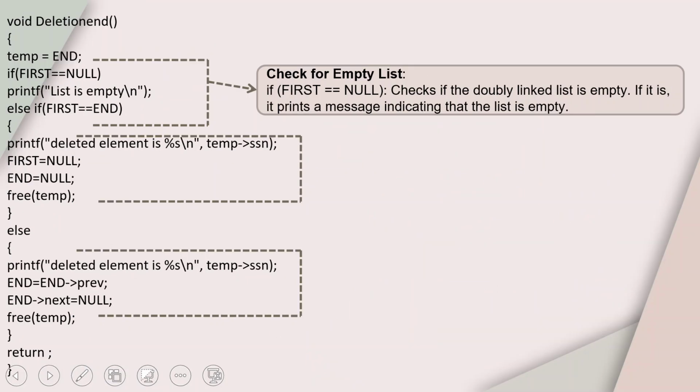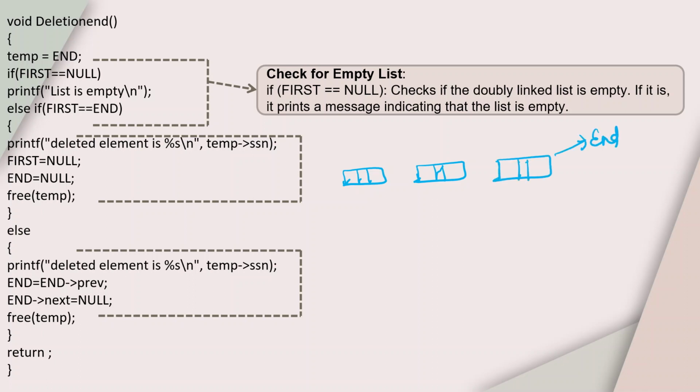Deletion from the end. Again, here, this is your end node. This is your first node. See, I've taken end and told that the end node is also the temp node.